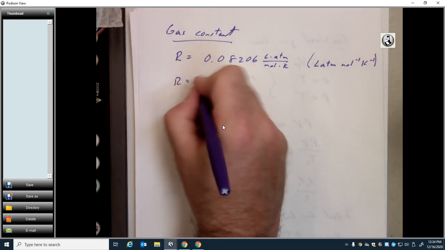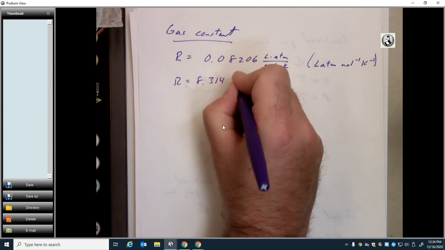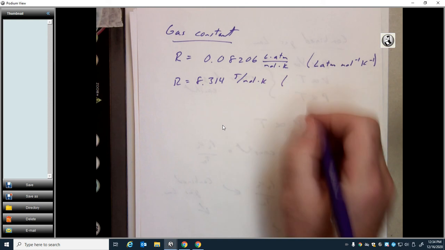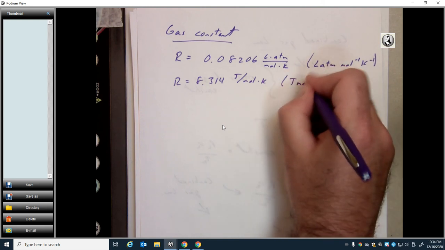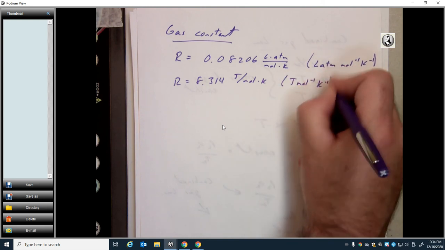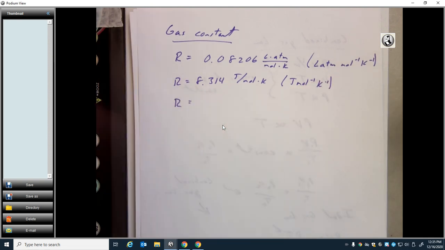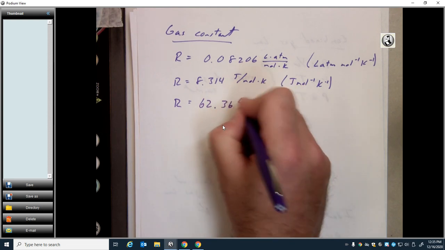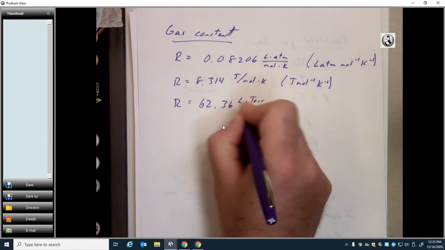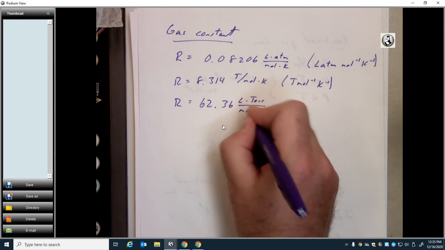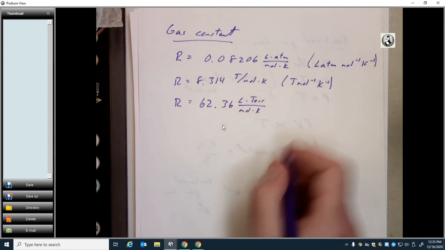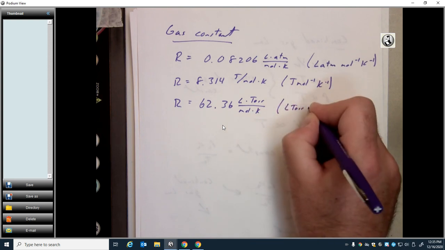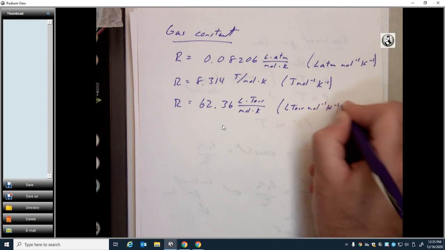Second gas constant is 8.314 joules per mole K, which is joules mole^-1 K^-1. And our third one is 62.36 liter torr per mole Kelvin, liter torrs mole^-1 K^-1.